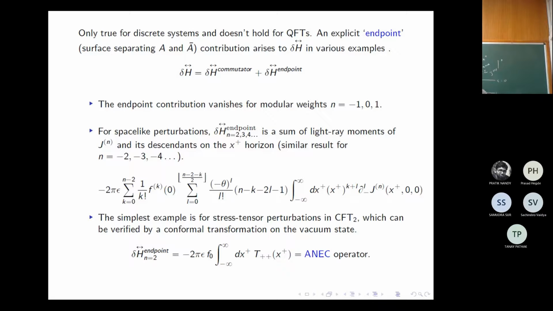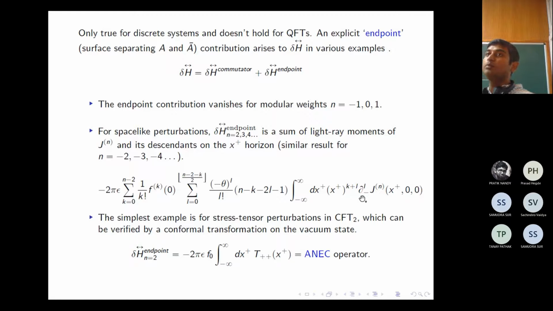This is called a light ray operator in conformal field theory. For n equal to 2, this light ray operator is the only contribution. But if n is higher than 2, then you also have x plus to some power and the descendants of Jn. This is why we call this whole contribution light ray moments.